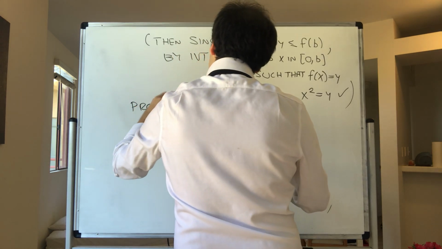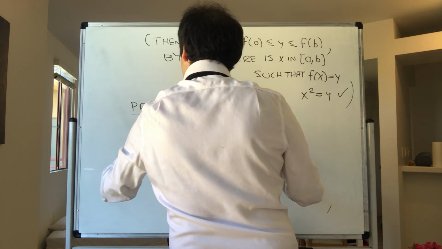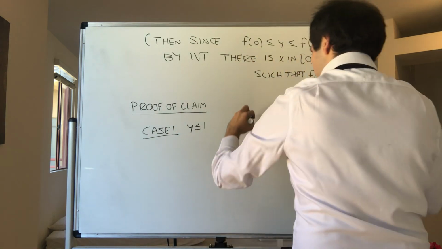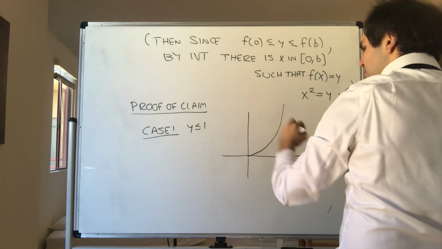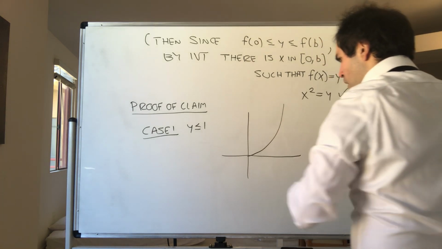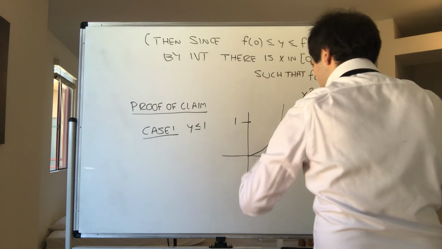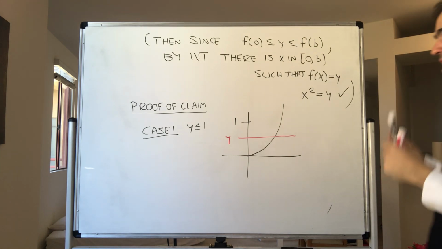So proof of claim. Well, suppose first of all that y is less than or equal to 1. Then we have a situation as follows. This is our parabola, and then this is 1, and this is our y. Well, in that case, just let b be 1.